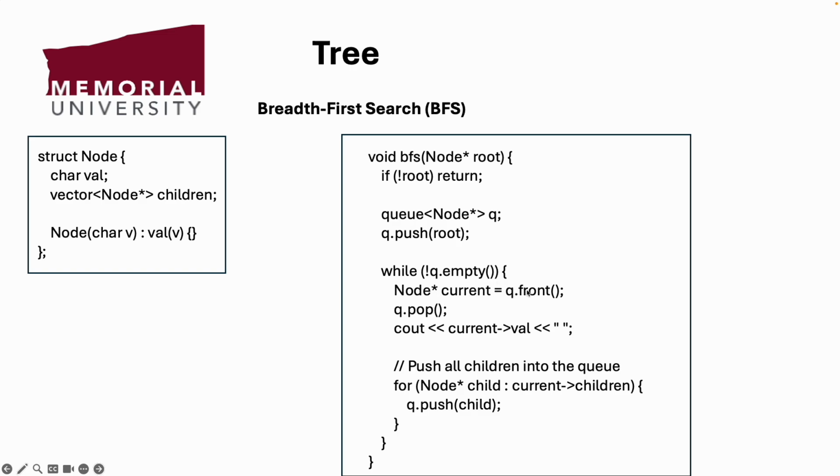We use queue dot front to get the first element. We define it as current, and then we do the pop. So the first element we pop out, and then we check all the children of this current node. If we find children, we push them into the queue. That's the logic for the breadth first search.